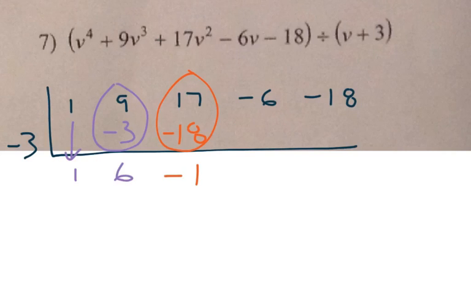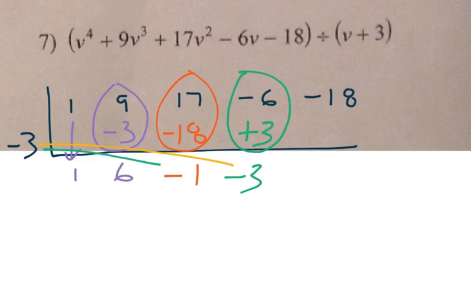Negative 1. Follow the green. What's negative 1 times negative 3? Plus 3 up here. What's negative 6 plus 3? Negative 3. Finally, follow the gold. Negative 3 times negative 3 is positive 9. 9 minus 18 is negative 9.